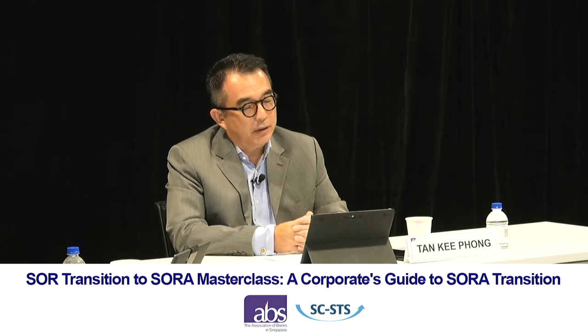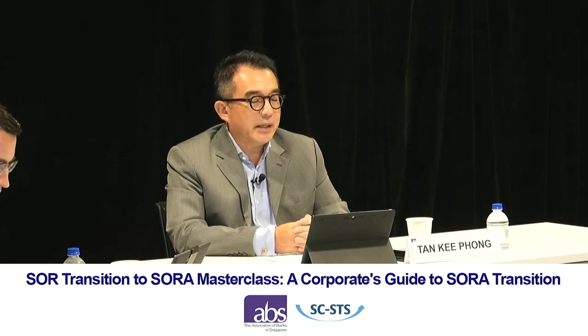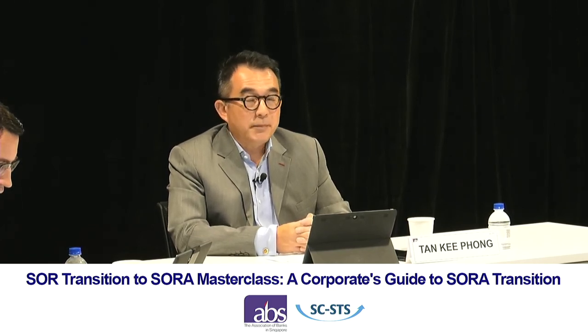Type 1 documentation simply refers to existing terms and conditions of bonds, floating rate notes that do not have a fallback, and therefore some kind of discussion and engagement with bondholders would be required. Type 2 essentially provides some kind of fallback through an independent advisor approach, and depending on the type that the classification falls into, then issuers can take necessary action to see how they can get the transition going.